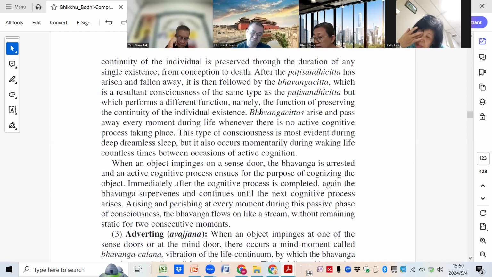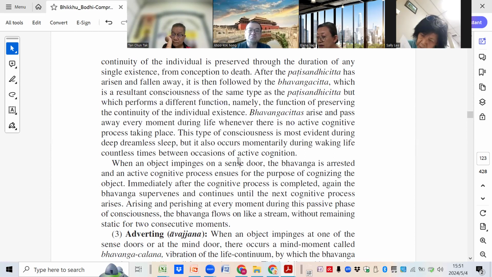After the Pati Sandhi Chitta has arisen and fallen away, it is followed by the Bhavanga Chitta, which is a resultant consciousness of the same type as the Pati Sandhi Chitta, but which performs a different function, namely the function of preserving the continuity of individual existence.